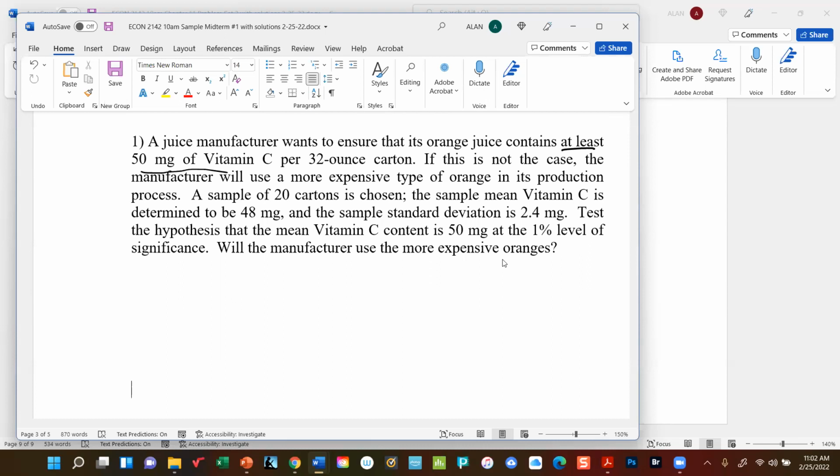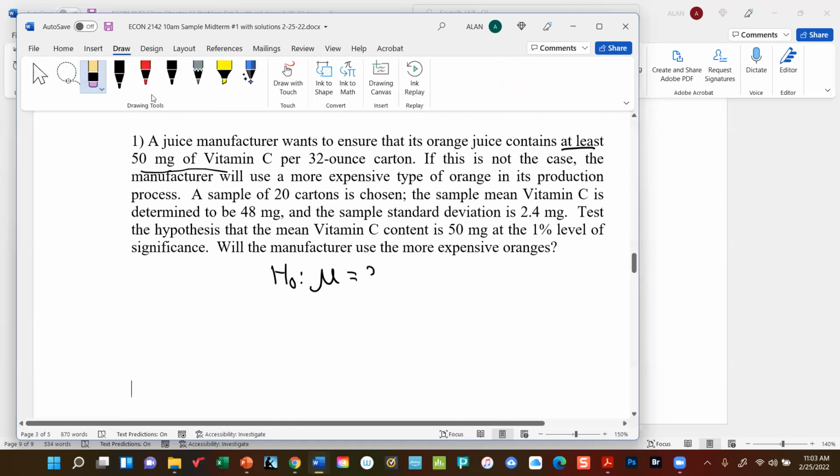So what we're trying to find out is whether the mean content is 50 milligrams, but we're looking for hard evidence that it's less.